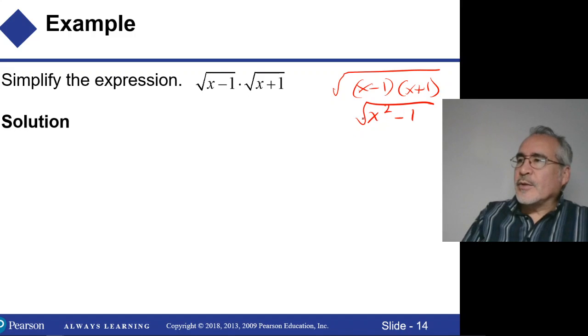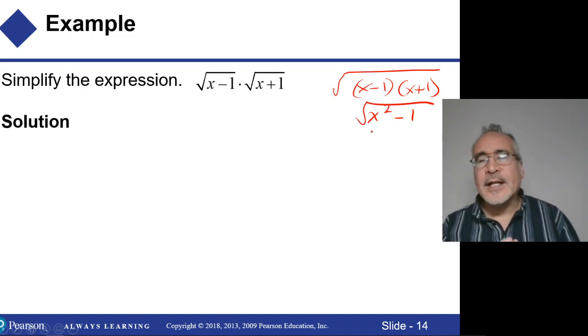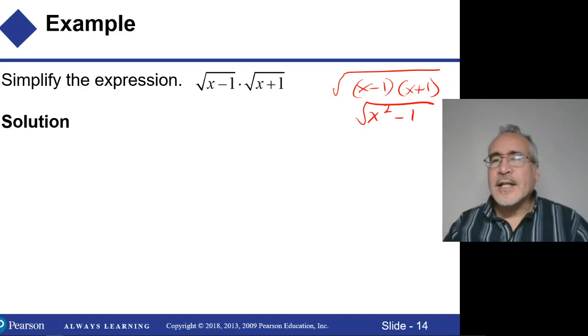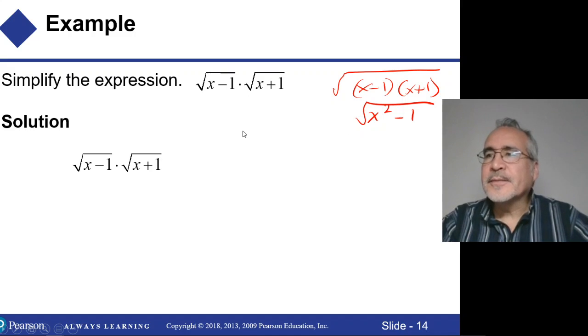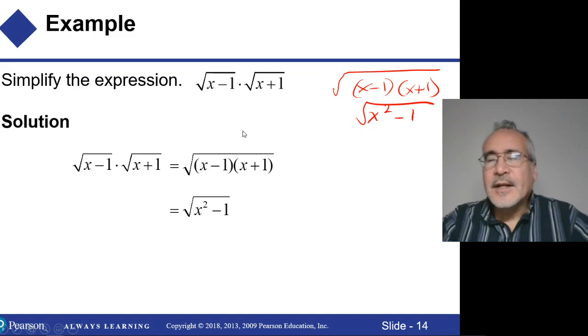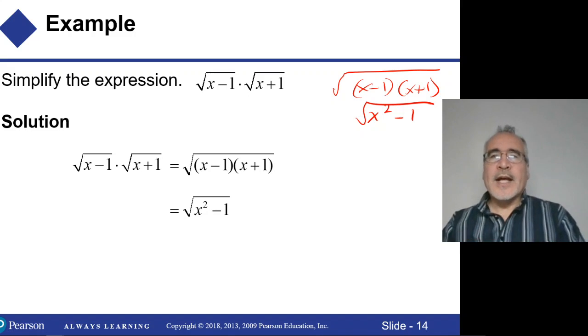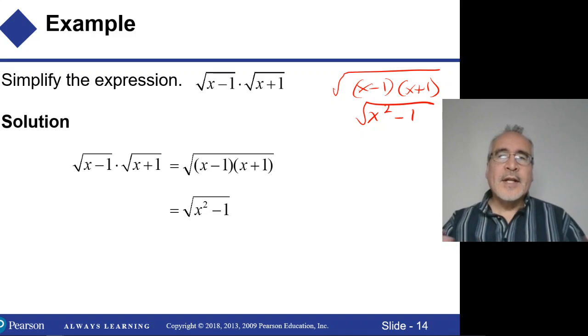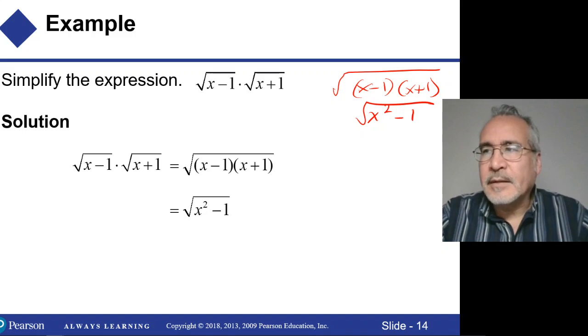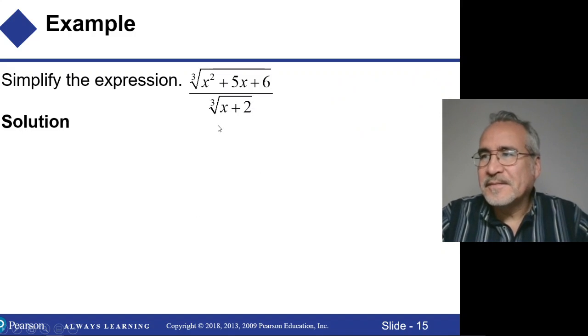Now be careful, you cannot take the square root of x squared by itself because we've got a subtraction going on, not a multiplication. We're done here. This is all we can do. But they call that simplified. Okay, and again, a lot of what we do with algebra is to break things down and put them back together in different ways, and sometimes we can reduce things and make them look prettier.